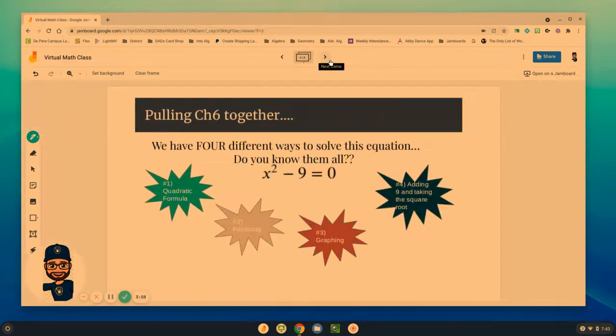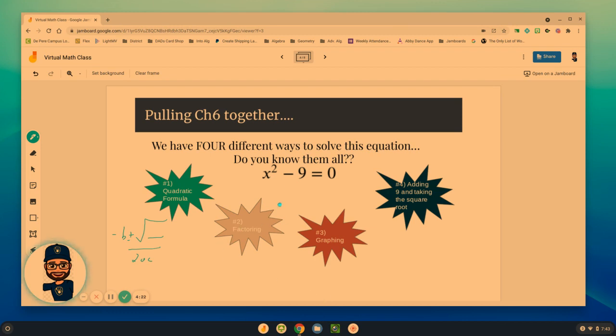Now, pulling all of this information together shows us that we really have 4 different ways of solving a problem that looks like this: x squared minus 9 is 0. We could use the quadratic formula, the opposite of b plus or minus the square root of all of that information over 2a. Not very effective, but we could.